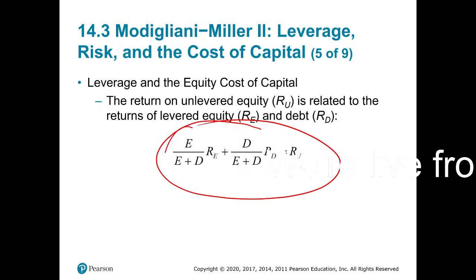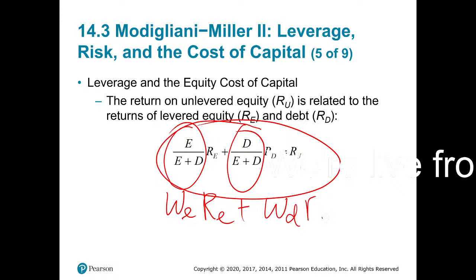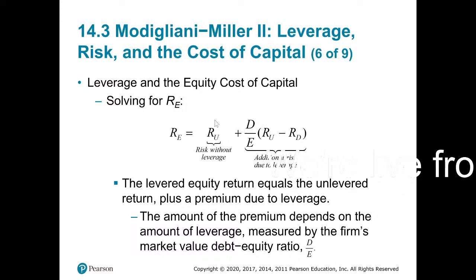So these are the weights, the percent of equity, percent of debt, right? So you call it WE·RE plus WD·RD, right? So essentially, this is a weighted average. And then from this equation, we can solve the cost of equity for the levered company.